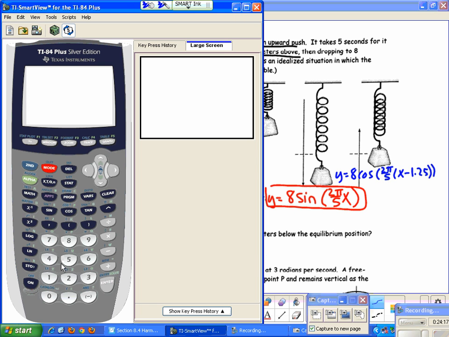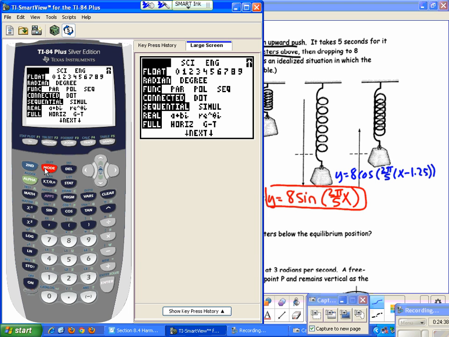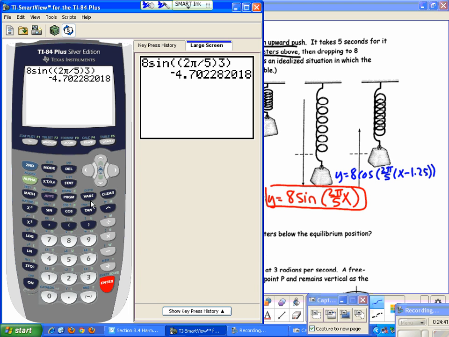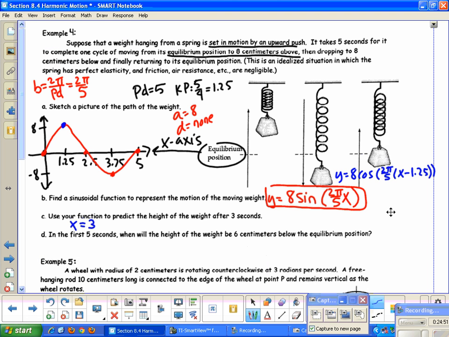I'm going to do 8 times the sine of parentheses 2 pi divided by 5 times 3. Make sure I close the parentheses there. I'm going to make sure I'm in radian mode, which I am, so I can quit out of there and hit enter. And it looks like about -4.7 centimeters below the equilibrium.